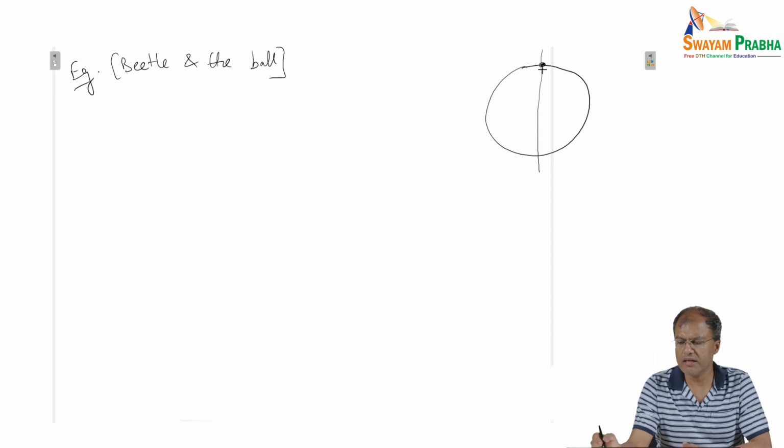So the beetle is initially sitting on the axis of rotation at the north pole, and then at some given point of time it goes to the equator of the ball. So now we have to find out, going from point A to point P, what is the change in the angular momentum of the sphere.